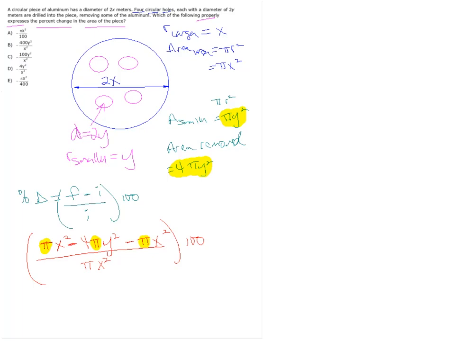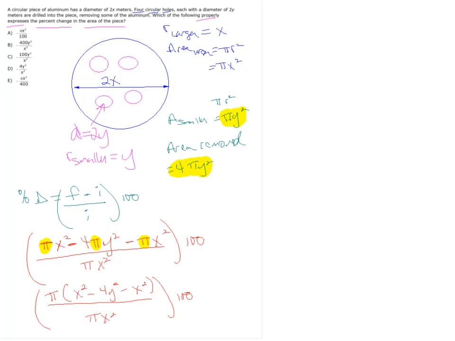So what we can and should do is factor out that pi, and we'll be left with x squared minus 4y squared minus x squared over pi x squared. And of course, this is still multiplied by 100.